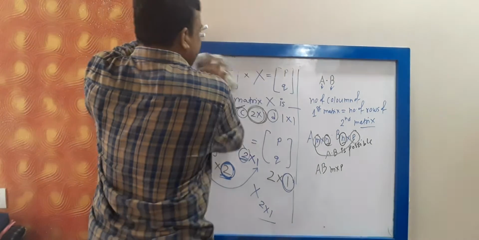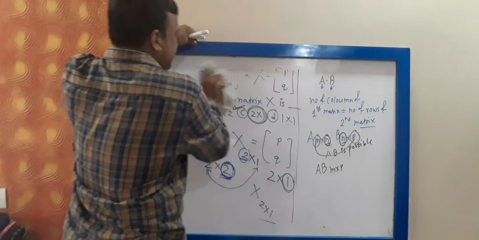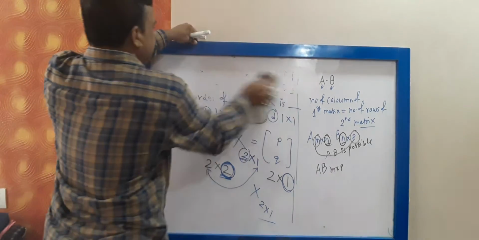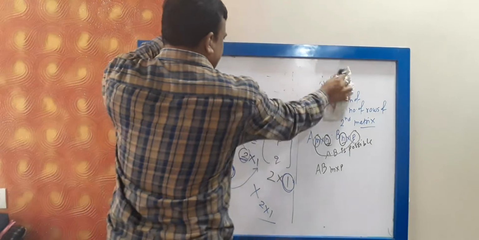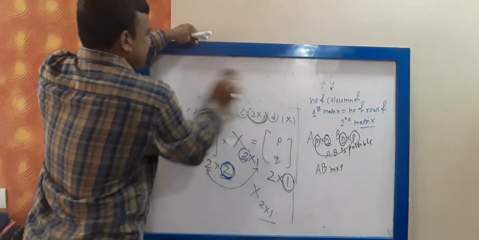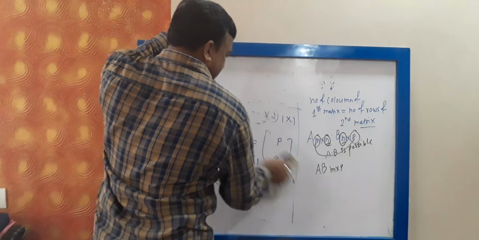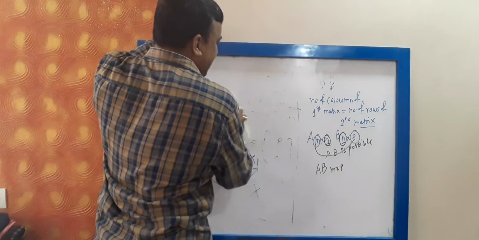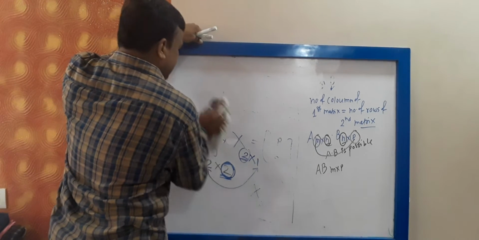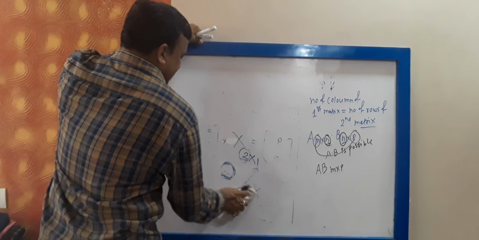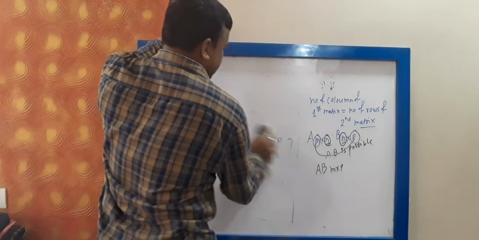Second thing, matrix multiplication is not commutative. A dot B is not equal to B dot A always. Matrix subtraction, A minus B is not equal to B minus A. And third, matrix addition is commutative.